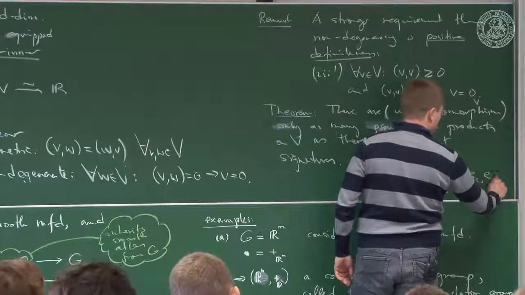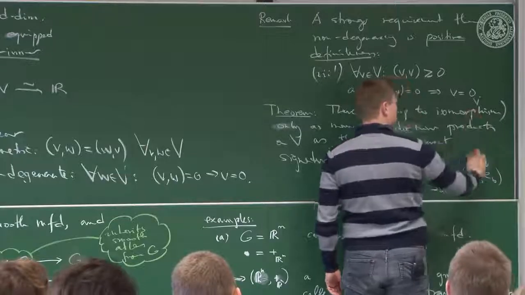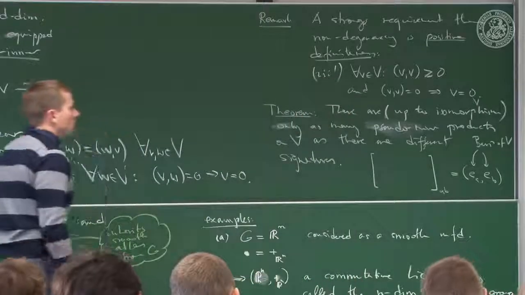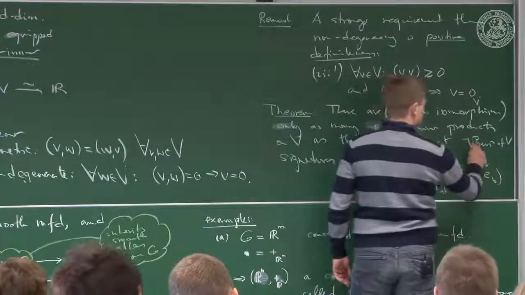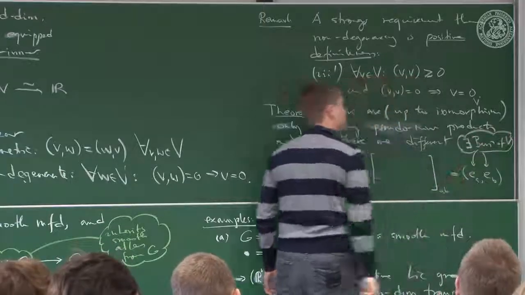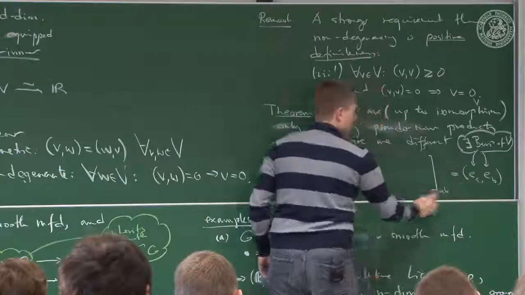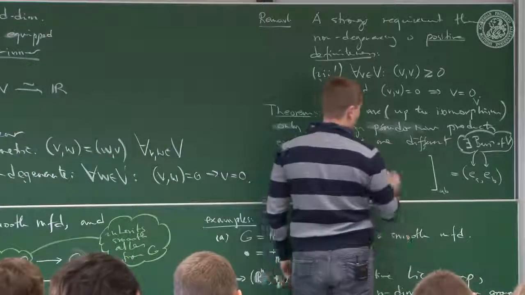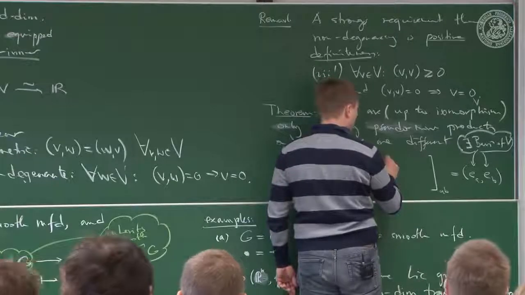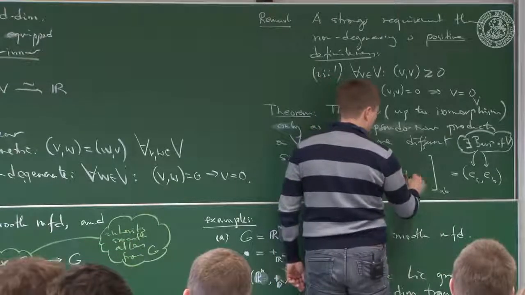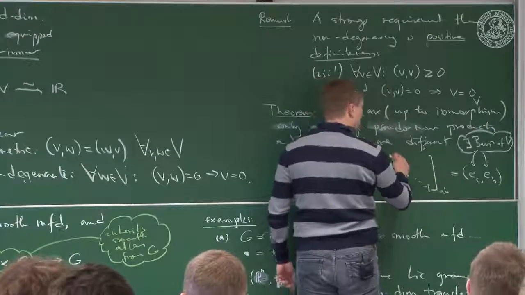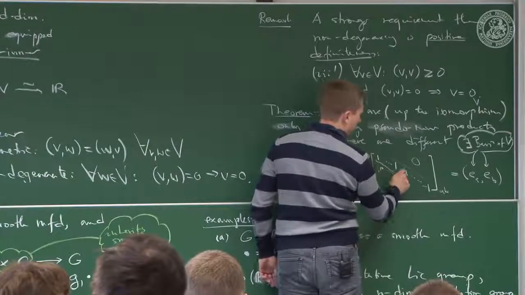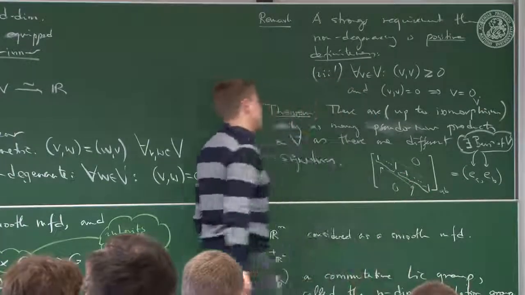So if you choose a basis of V, then you can always find a basis, so I should say there exists a basis of V, such that the components of this inner product take the following form: 1, 1, and then come minus 1s, and all the rest are zeros, and the signature is the number of 1s and the number of minus 1s.